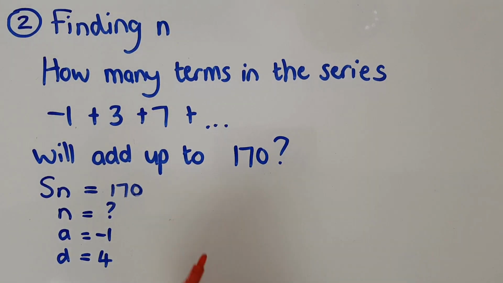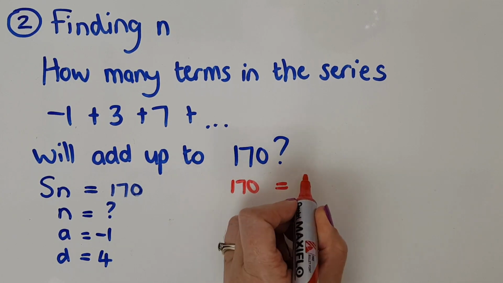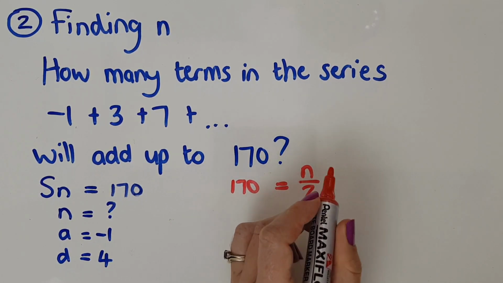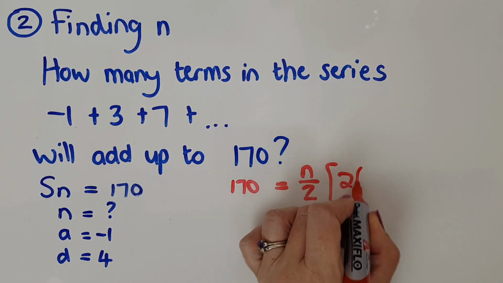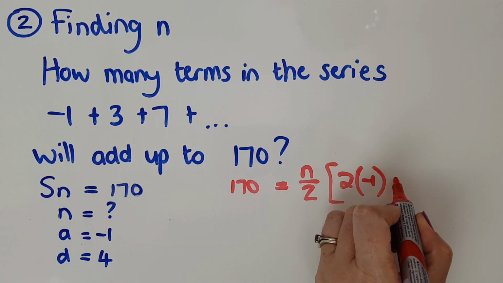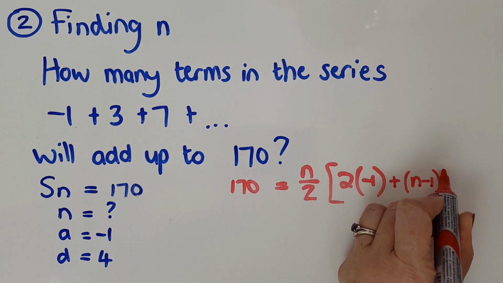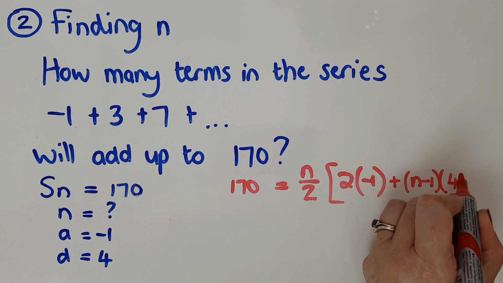So now when I plug into the formula, the Sn is 170, and that is N over 2 because I don't know N, times 2 of the -1 plus N minus 1, N I don't know again, and the D is 4.